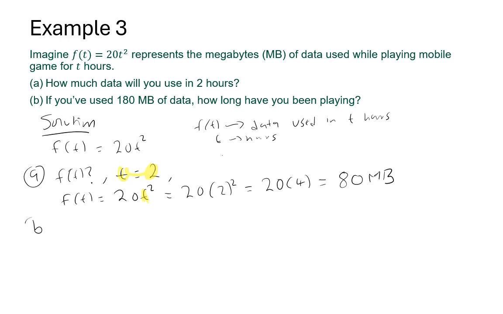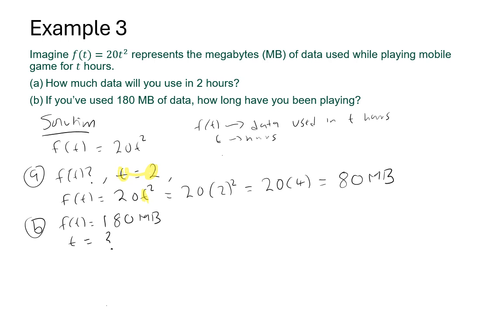So the second question is, if you have used 180 MB, how long have you been playing? Here, we are given that our f of t is 180 MB. What we are asked to find is how long, so we are asked to find time.